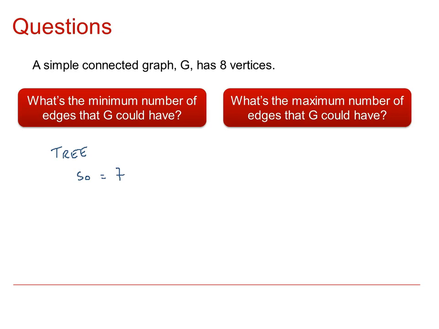What's the maximum it can have if it's a simple connected graph? This must be K8. It's a complete graph of 8 nodes. So therefore the number of edges will be 8 multiplied by 7 divided by 2, 28.